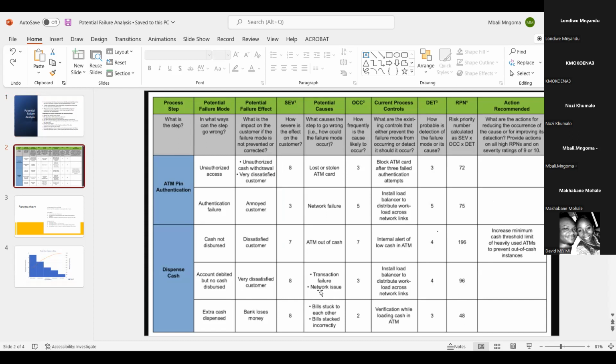Afterwards, Mbali, Londiwe, and Kabelo. Okay, Mbali, go ahead. Sorry, I think I now understand what this table is all about. I just wanted to check something on the table before she moves on to the next presentation. All right, Londiwe, it's okay now. All right, thanks, sir.